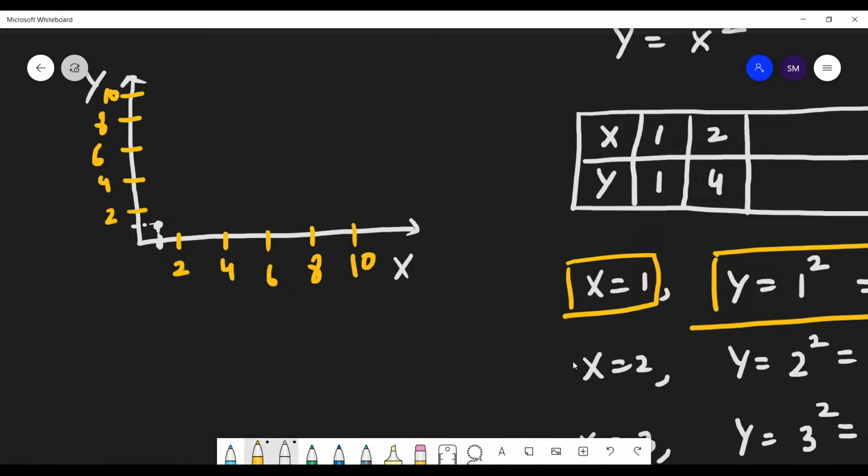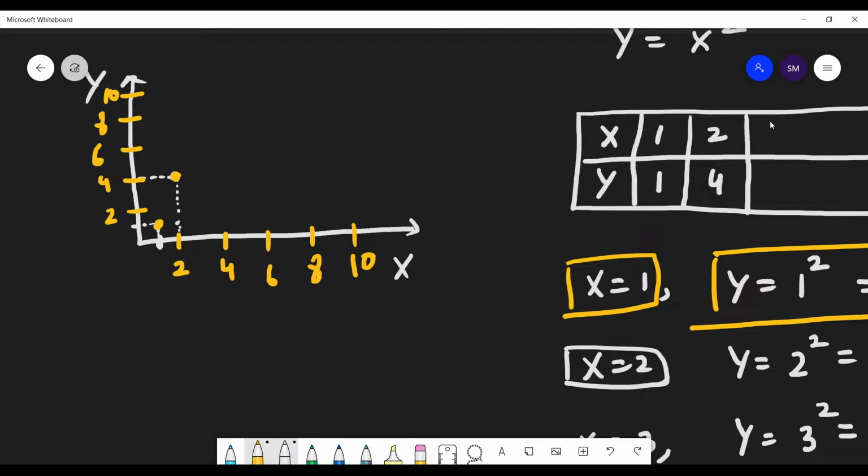Now x equals to 2 and y equals to 4. So you get another point. So this was your first point. This is your second point.